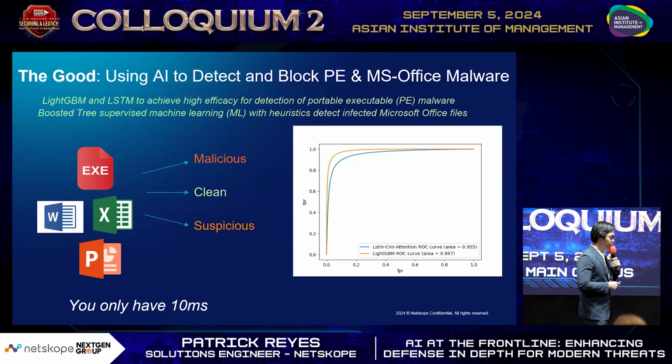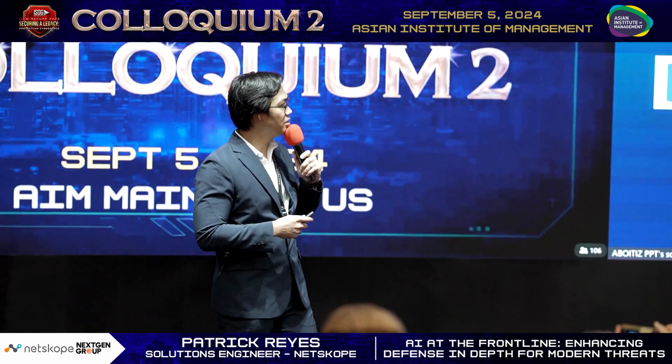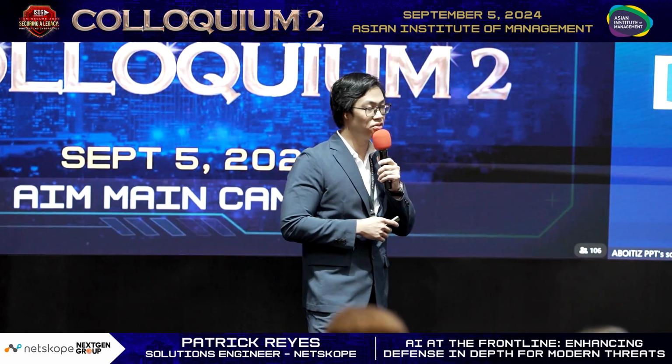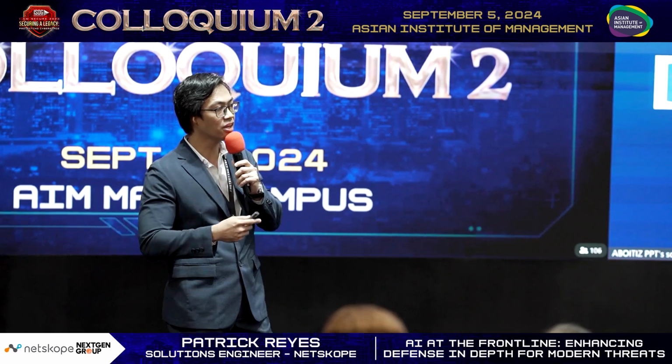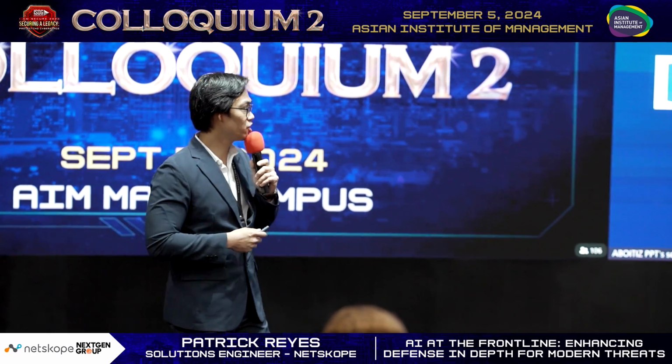This has actually been proven even before the start of Gen AI. Using AI or machine learning, which is a form of AI, is known to effectively detect unknown malwares in the form of PE files or Microsoft Office documents. We understand that threat actors normally weaponize these types of files, normally attached or in the form of downloads from websites or cloud applications.